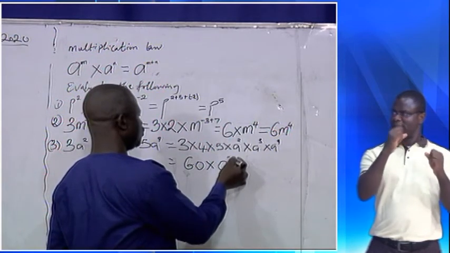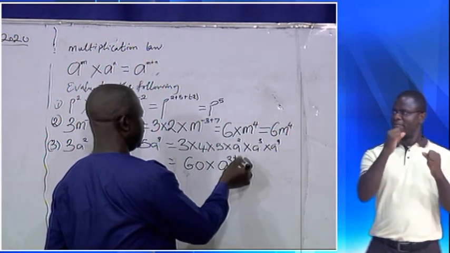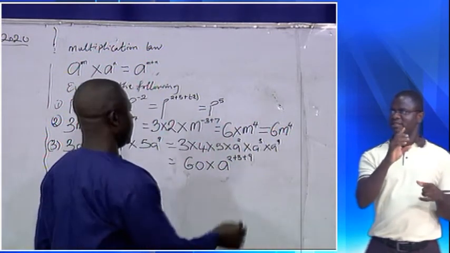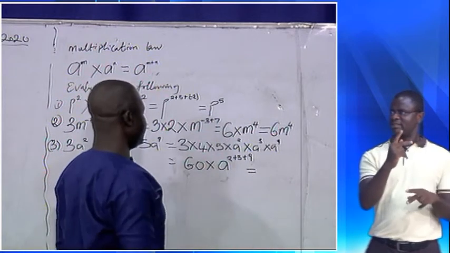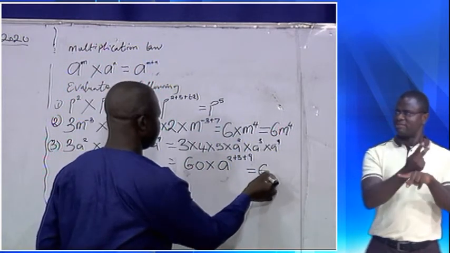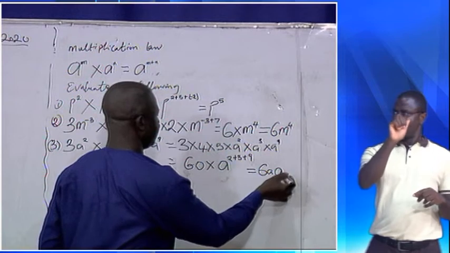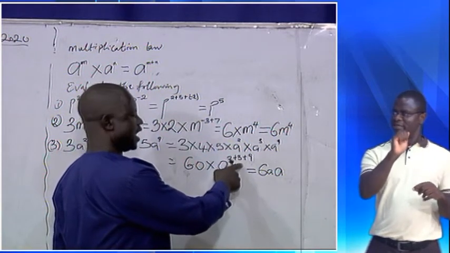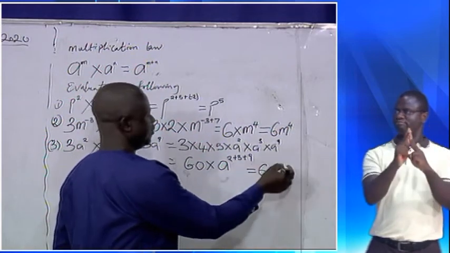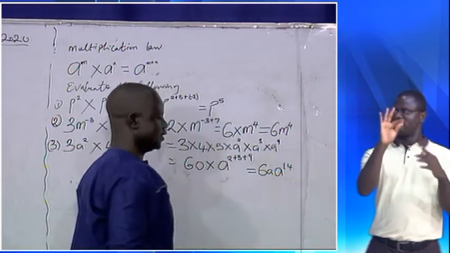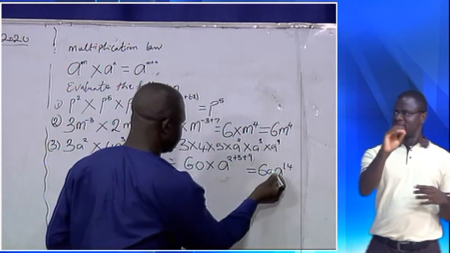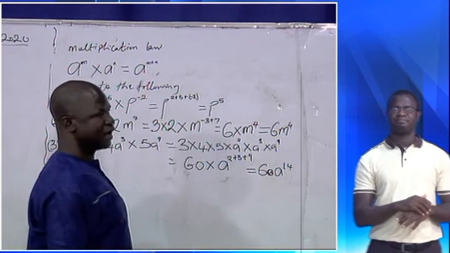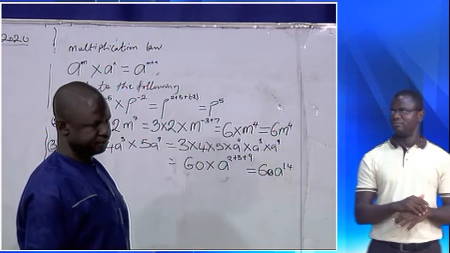We now have 2 plus 3 plus 9. 2 plus 3 will give us 5. 5 plus 9 will give us 14. So the end result is 60a raised to power of 14.